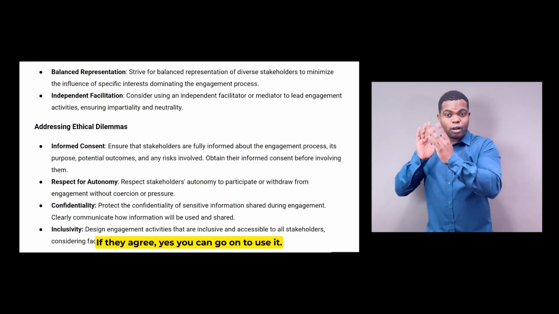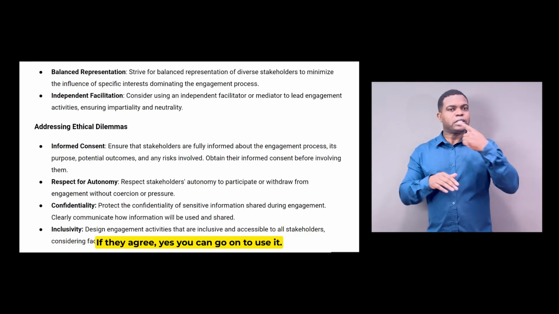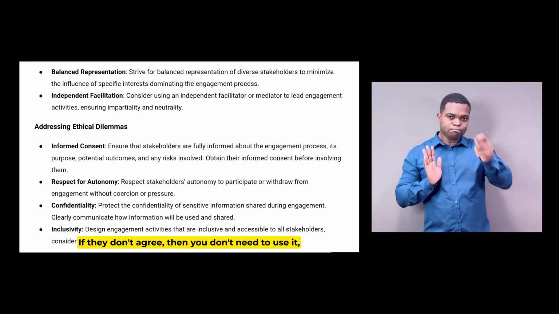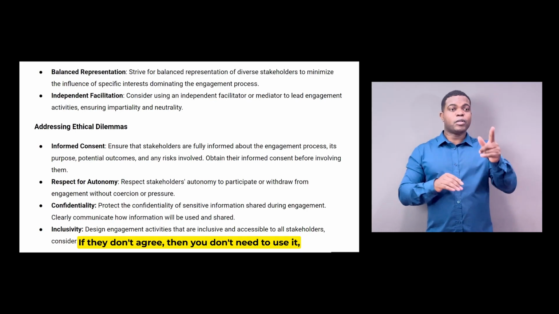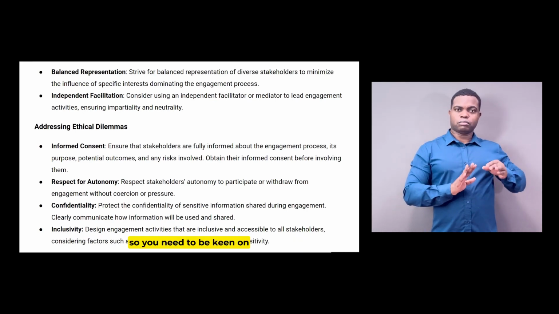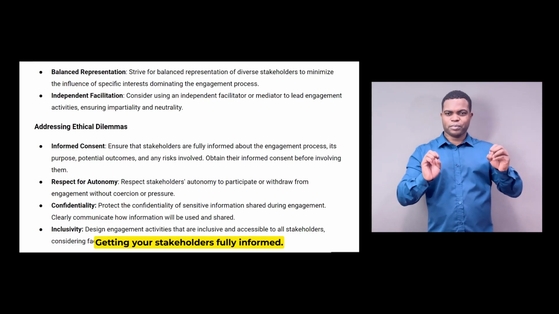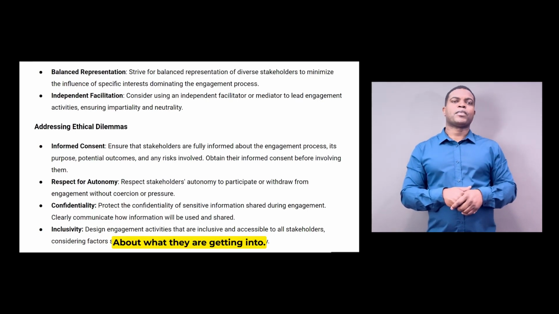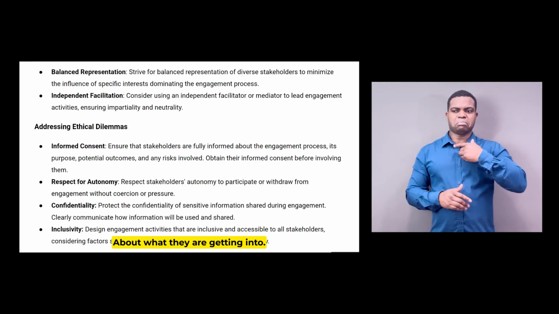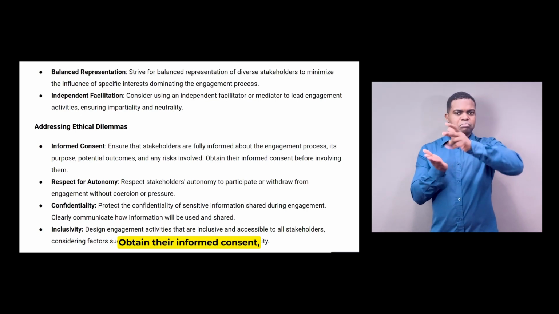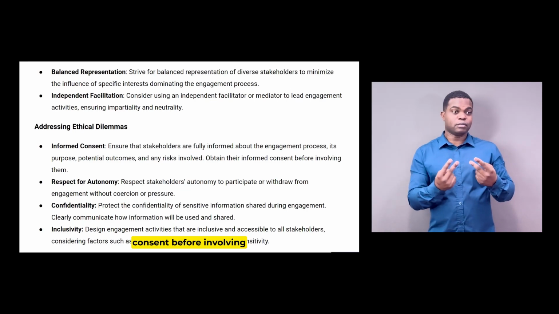If they agree, yes, you can go on to use it. If they don't agree, then you don't need to use it. So you need to be keen on getting your stakeholders fully informed about what they are getting into. Obtain their informed consent before involving them.